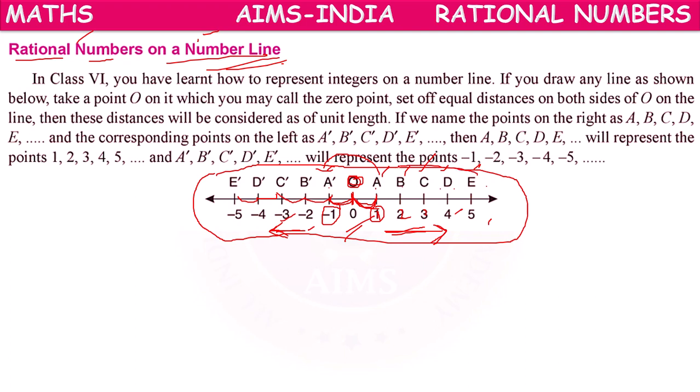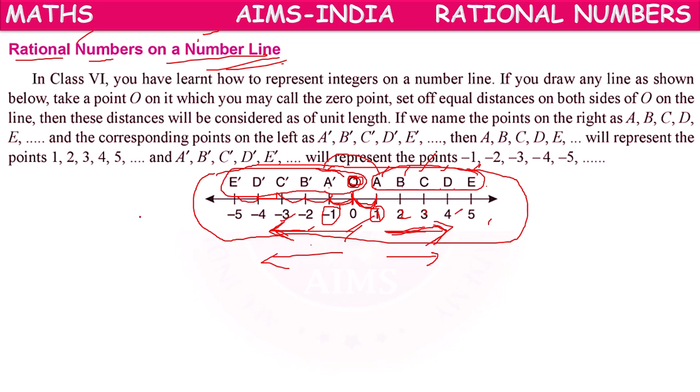To the points on the right side, the corresponding points at the same distance on the left side, we can mention 5 more points: A dash, B dash, C dash, D dash, E dash. So positive integers are on the right hand side, negative integers on the left hand side, or greater values on the right hand side, lesser values on the left hand side.